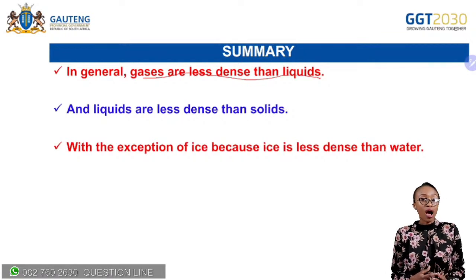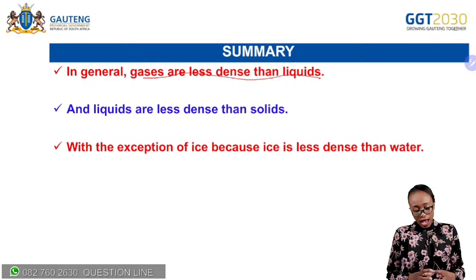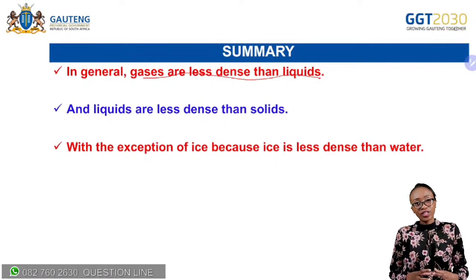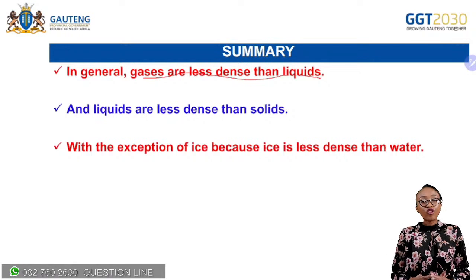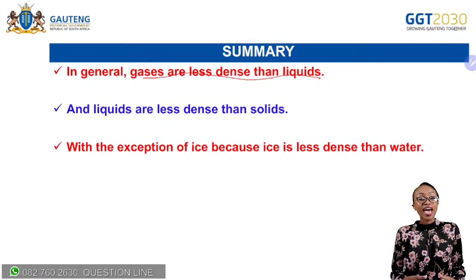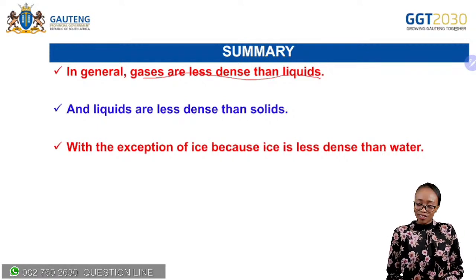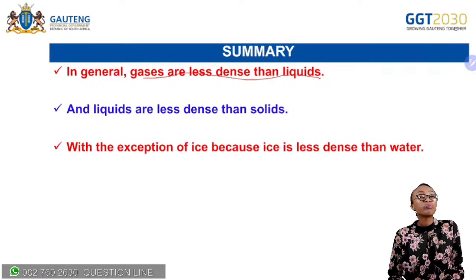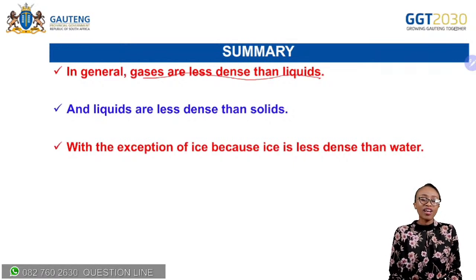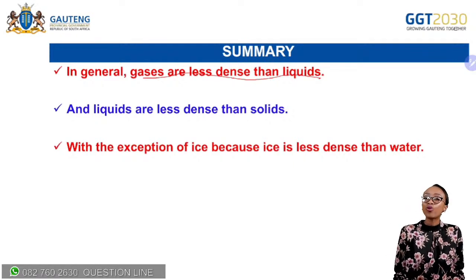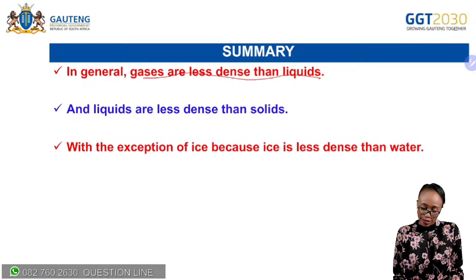When the water freezes, the spaces between the particles increase, and then the volume increases, and then the ice becomes less dense than the water, hence the ice floats. That's why you find those big icebergs floating in the ocean, floating in the sea.